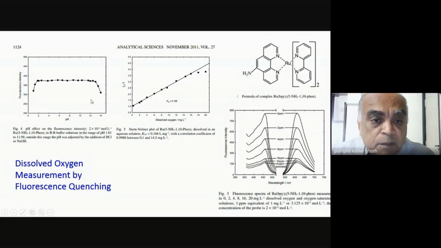You can see all the way from pH 10 to close to about 13, it's absolutely flat. So it means that I don't have to worry too much about the pH of the sample, so long as it is not in these extremities, and then I just read off from here whatever is my I0/I value that I get. From that, I read out the corresponding dissolved oxygen.